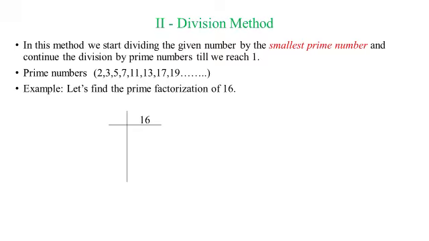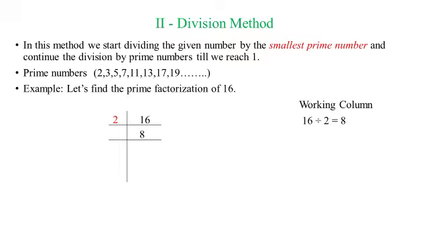As the number 16 is an even number, it is divisible by prime number 2. We write 2 to the left of 16, and on dividing 16 by 2, we get 8, which we write below 16.